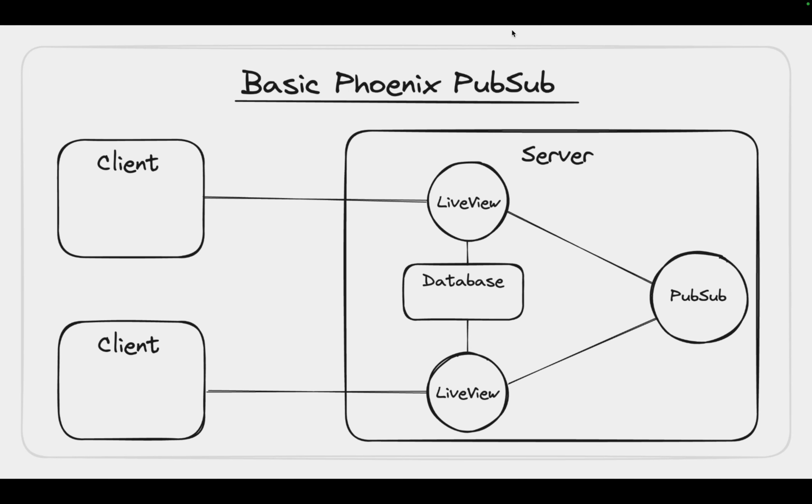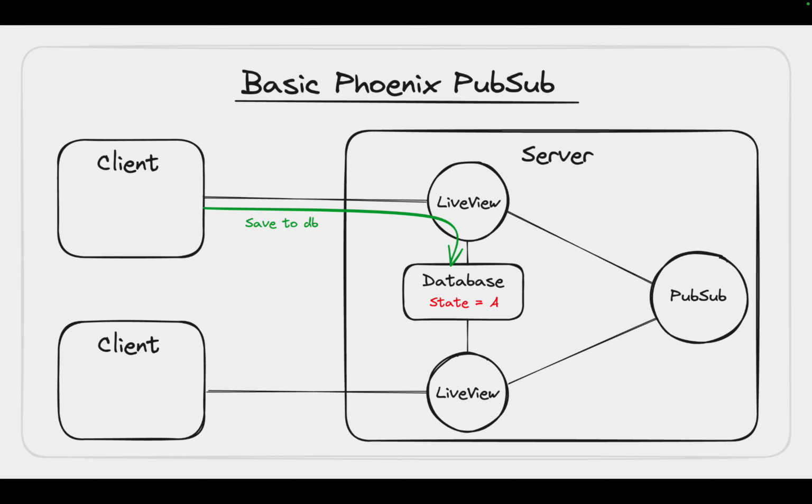In this diagram right here, we have multiple clients, each connected to a single LiveView process, and each LiveView is connected to a single database, which is holding our app state. Additionally, each LiveView is also connected to our PubSub system. In this setup, whenever a change is made on a client, that change is sent up to our LiveView and saved to the database.